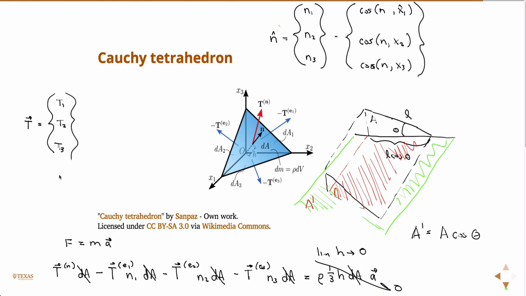And on the next page, I'm going to write out all the components. When you have a vector equation like that, if you've had linear algebra, you have certainly seen that any time you have a system of equations, we can write them in a more compact form in terms of vectors or sometimes matrices. So that's what we have here, a system of equations, because each of these has 3 components, so we have 3 equations. And I'm going to write those 3 equations out on the next page.